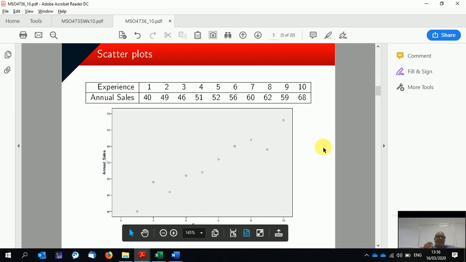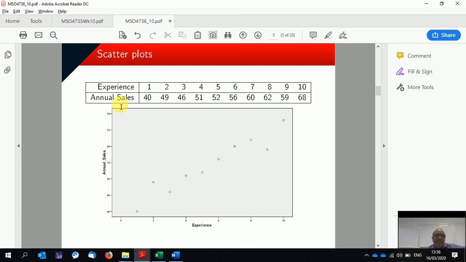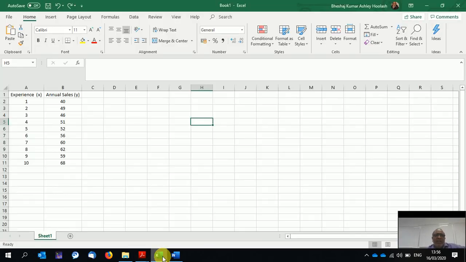Let's look at this example with, again, experience and annual sale. And here you go. So years of experience is the horizontal axis, which you know as the x-axis. Right now, remember, it is the independent axis, the explanatory axis. The annual sale is the dependent axis, the response axis, the vertical axis.